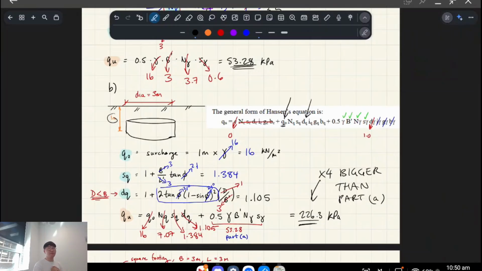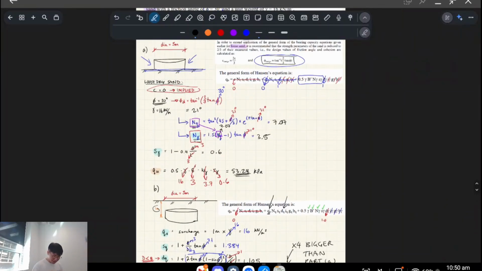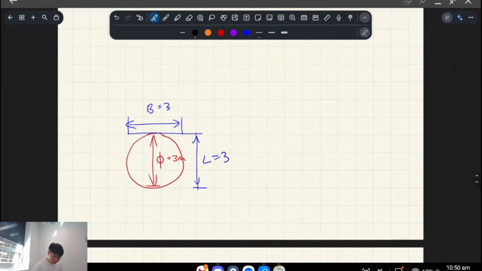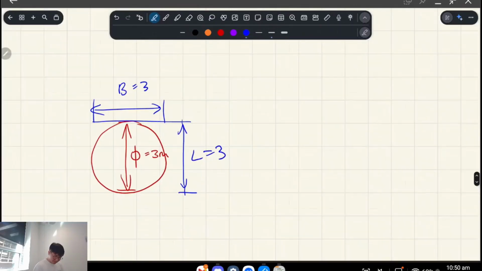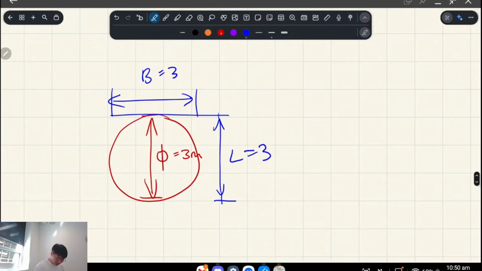Is there ever eccentricity for certain? Yes, that's a good question. You know how I've been talking about the concept of B dash, right? If we have something like this, where the load is applied here, this reduces the B in that direction.